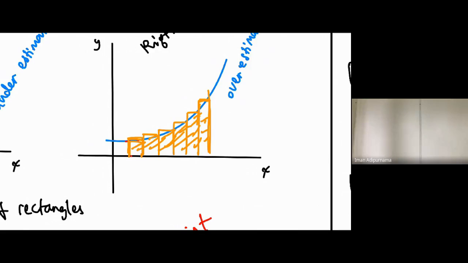Both left and right, you can use to approximate, and it depends on the function actually. So it is not always the case that the right endpoint always overestimates. It depends on the function. But how you use it will be different.